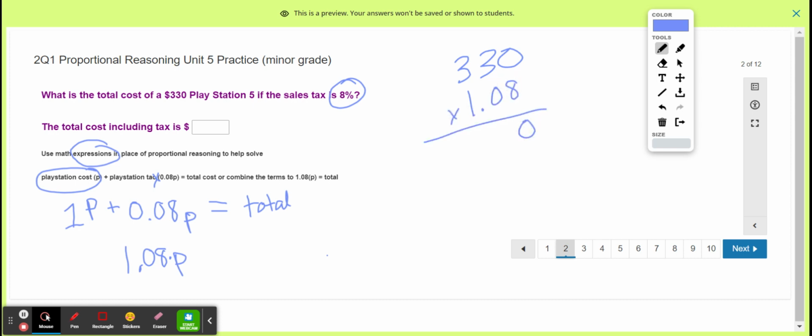8 times 0, 8 times 3 is 24. 8 times 3 is 24 plus 2 is 26. When you're done multiplying the 8, we cross that out, and then we're looking at zeros. 0, 0, 0. We're done multiplying there. We cross out 2 spots down below.